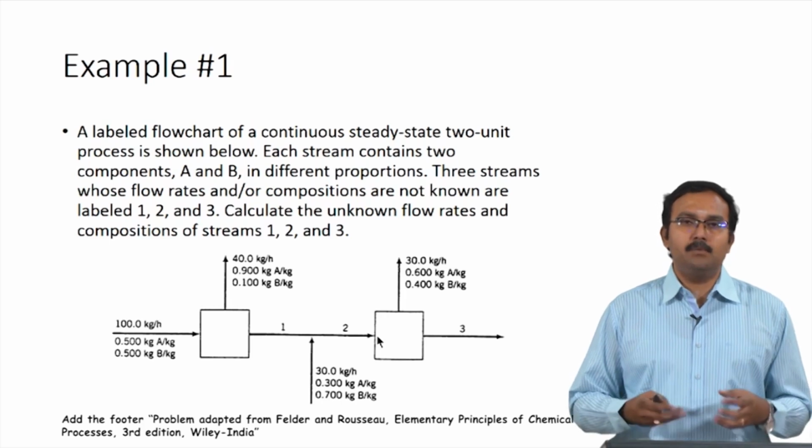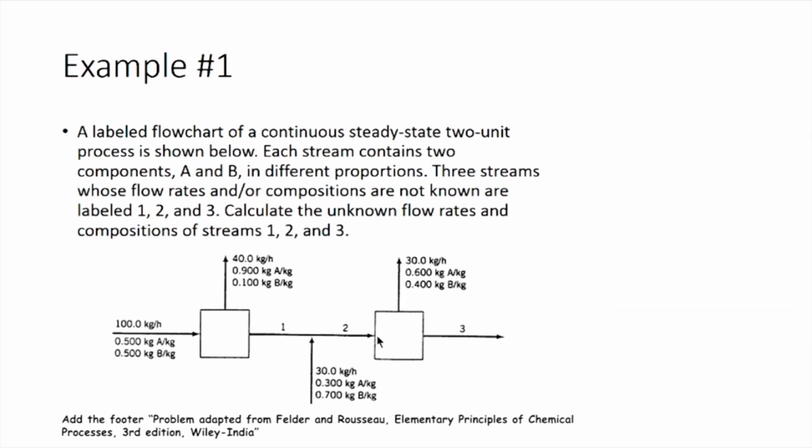Now, what are the systems which we can draw for this process? Just like we saw in the previous illustration, we can draw the overall system, which contains all the units which are present: unit 1, the mixing point and unit 2 all together form the overall system.